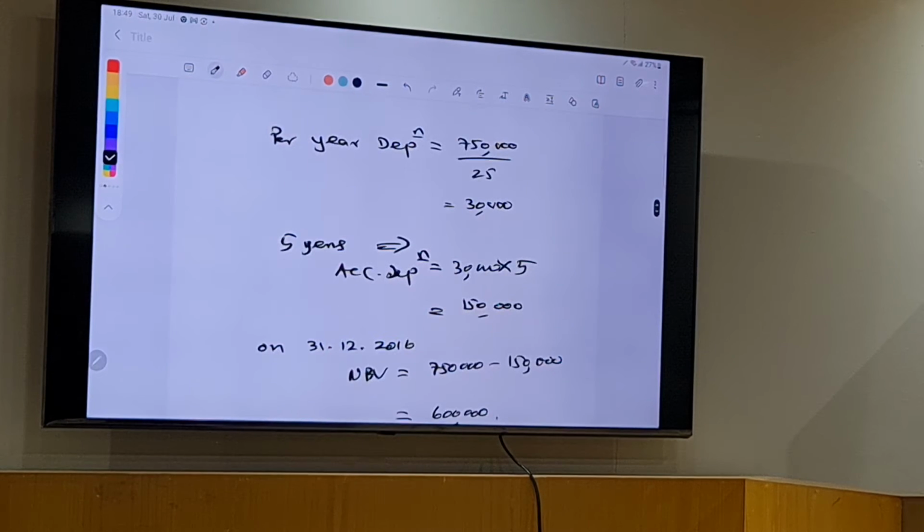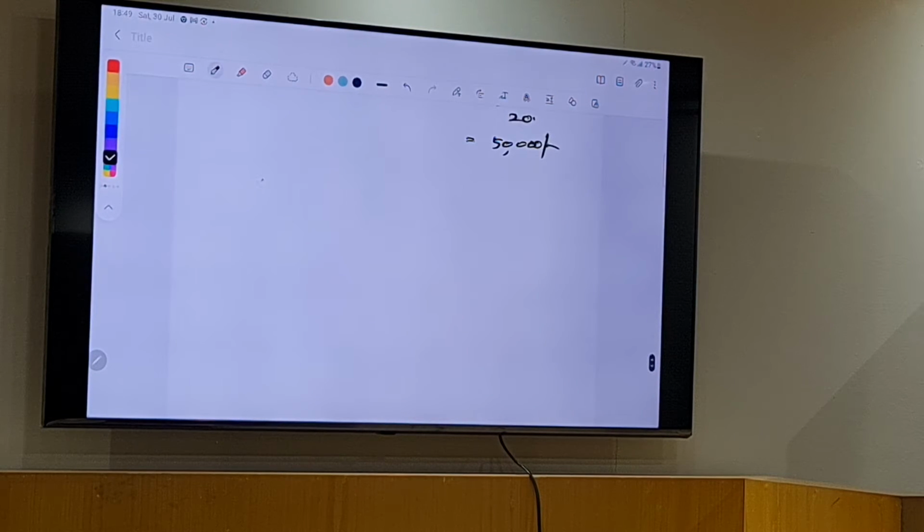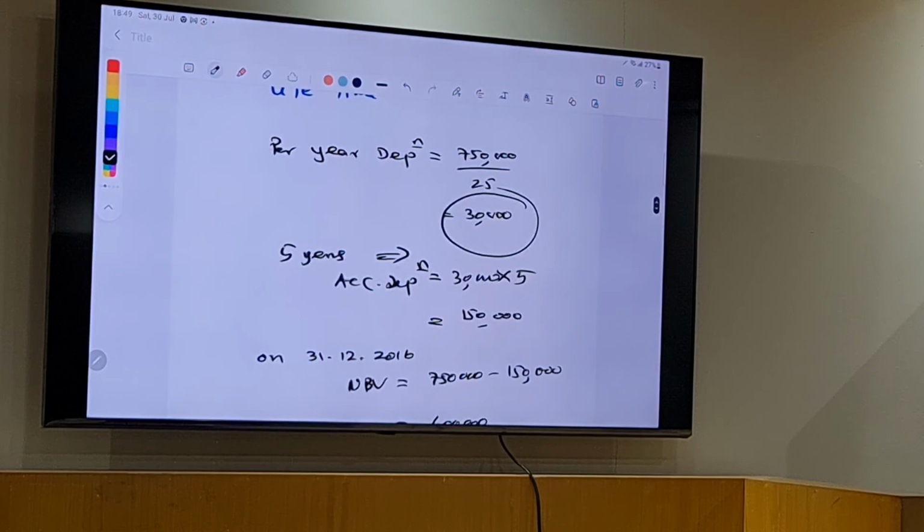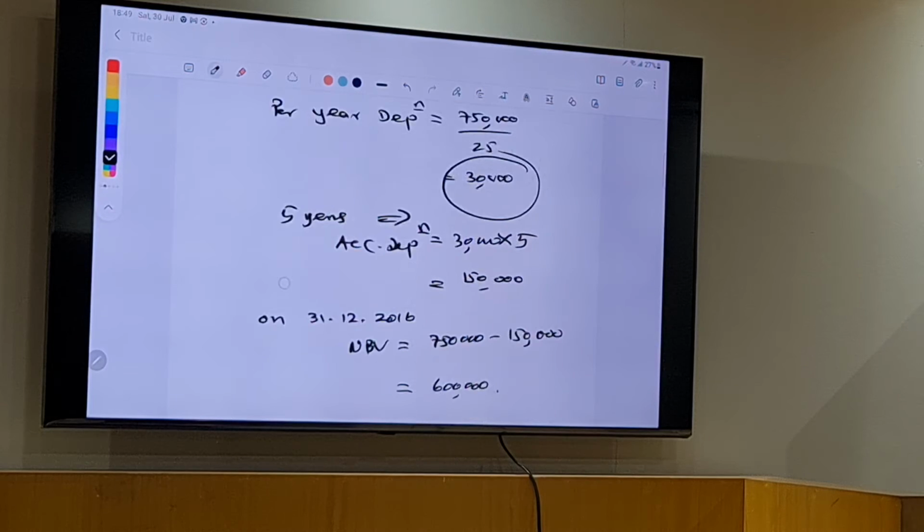Original depreciation per year, how much? 30,000. This is a continuation of the previous example. So original depreciation 30,000. Revised depreciation.